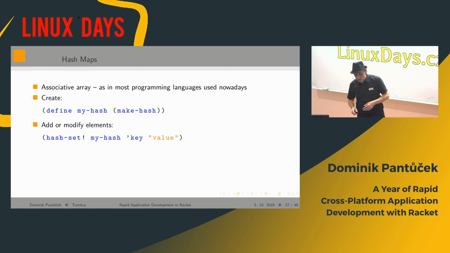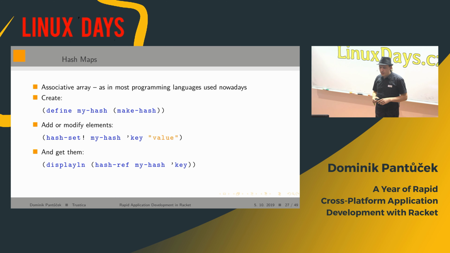I'm using quoted symbol here, so the lookup of the key would be pretty fast. It doesn't have to do any matching of the data. Everything on 64-bit platforms is just comparing 64-bit values under the hood. And if you want to get something, of course, you just use the hash ref for reference. Surprise, surprise. Now, why all of this?